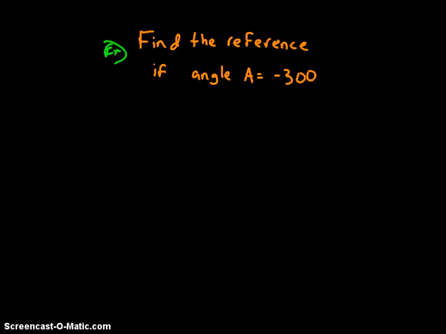And I write reference angle is 40 degrees. And sometimes they don't give you big angles, they give you negative angles. So in this case, it says find the reference angle for negative 300 degrees. And it's just like our last example, where you can think of where negative 300 is, or I'll just find a coterminal to it. So I'll take negative 300 and add 360 to it, and I know that my angle is really 60 degrees.